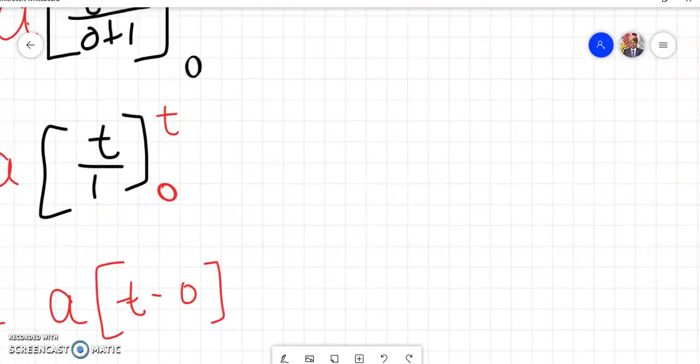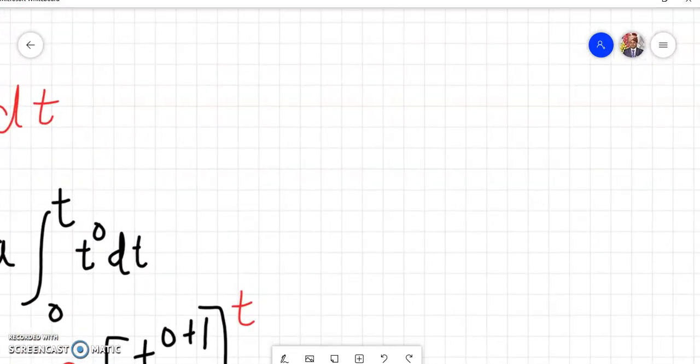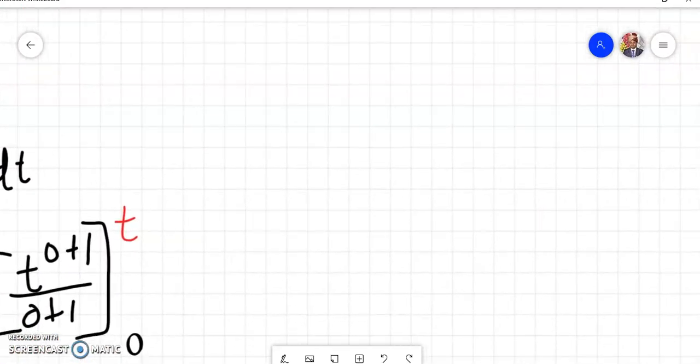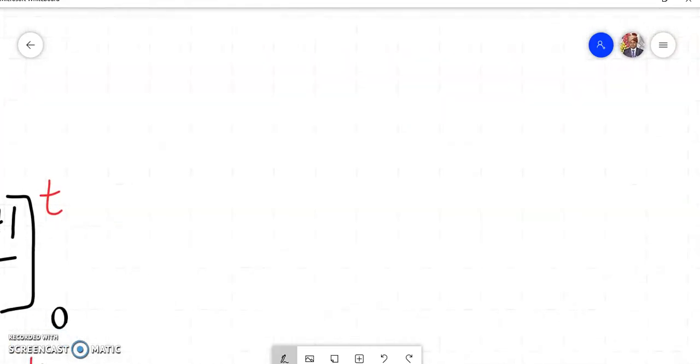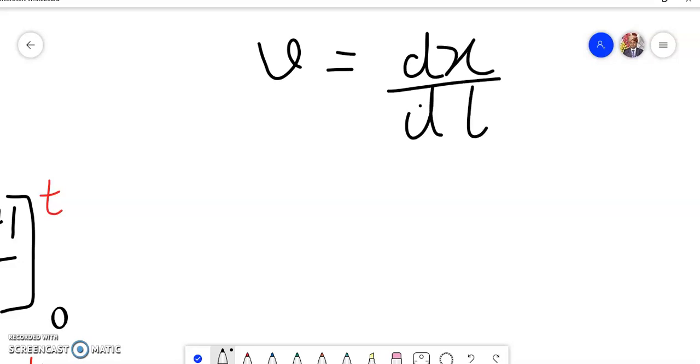Let us go towards the second equation of motion. To prove the second equation of motion, we again take the help of one quantity, v is equal to dx upon dt. And velocity is the rate of change in displacement or distance.